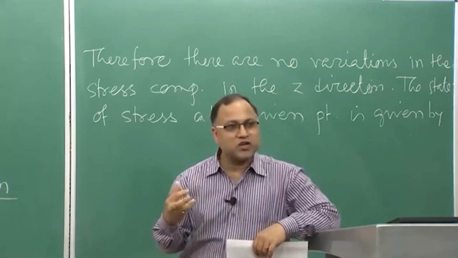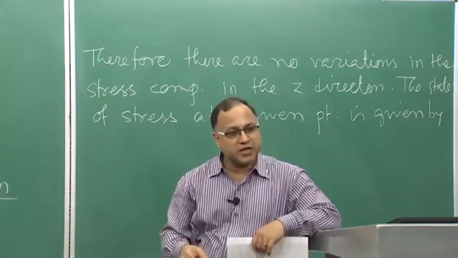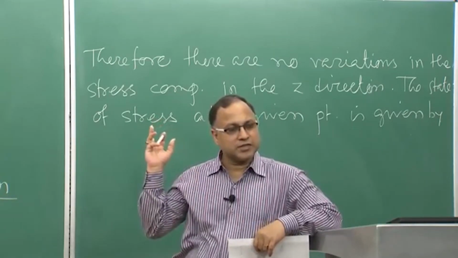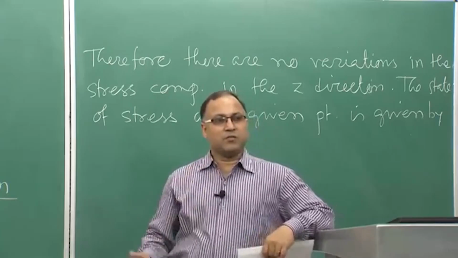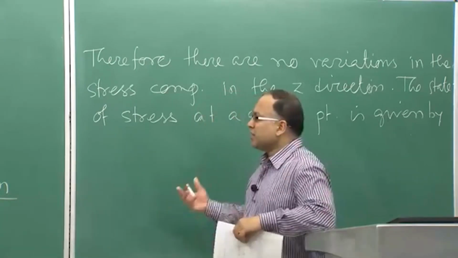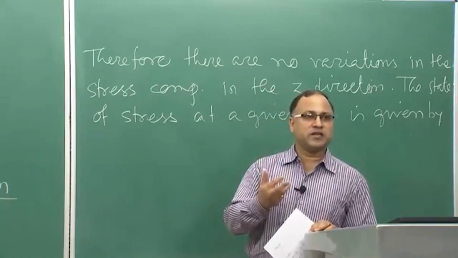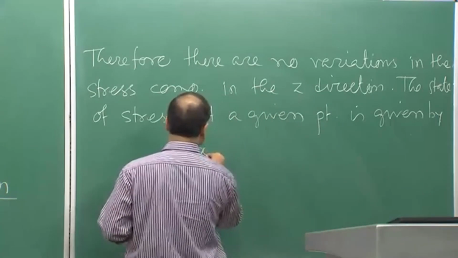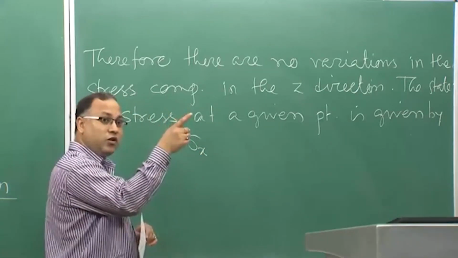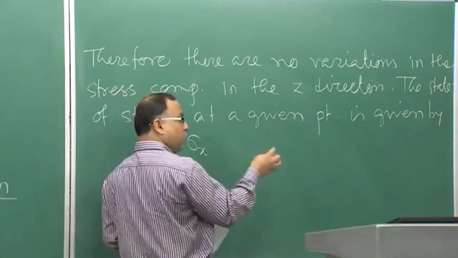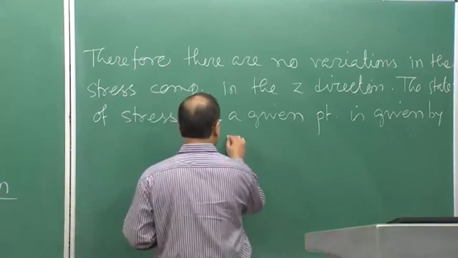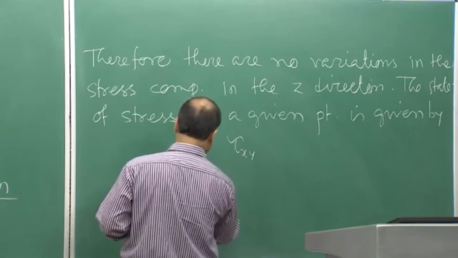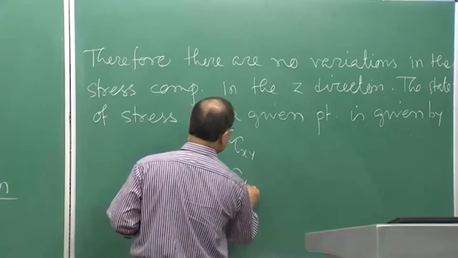If you want to define the state of stress at a point in the 3-dimensional state of stress, how many stress components do you need? In the last lecture we discussed 9 stress components, but those 9 components reduce to 4 stress components in a plane stress problem. What are those? Sigma x, I am not writing the second subscript, as I told you in the last lecture, and tau xy, tau yx and sigma y.